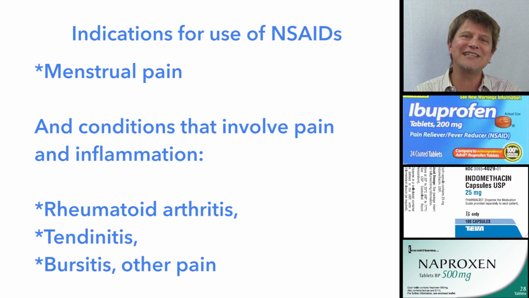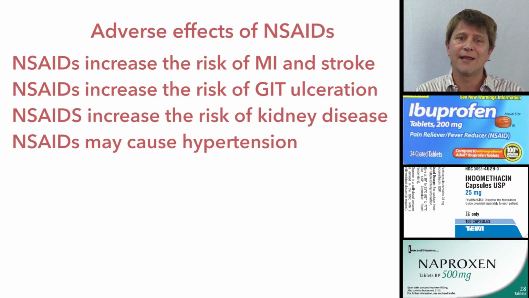Only about 60% of people respond to any given non-steroidal anti-inflammatory drug. So if the individual or if the individual's specific pain at the time is not responding, another non-steroidal anti-inflammatory drug or painkiller is probably more appropriate.